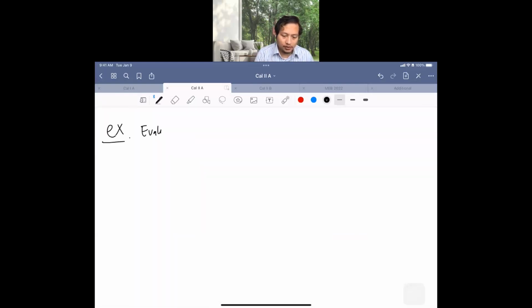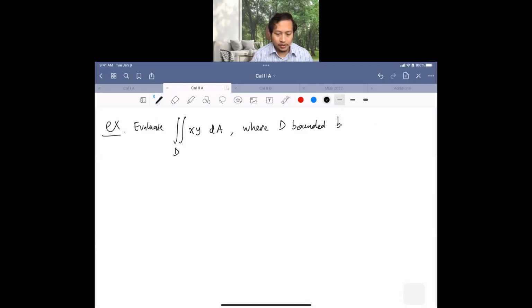Evaluate the double integral of xy dA, where D is bounded by y equal x minus 1 and y squared equal to 2x plus 6, sorry.